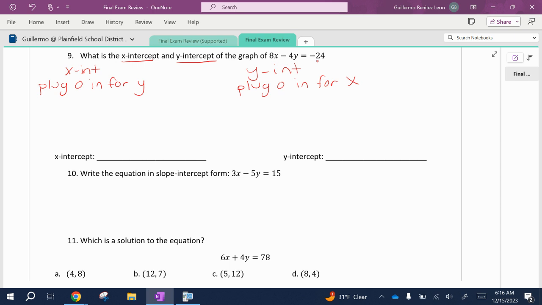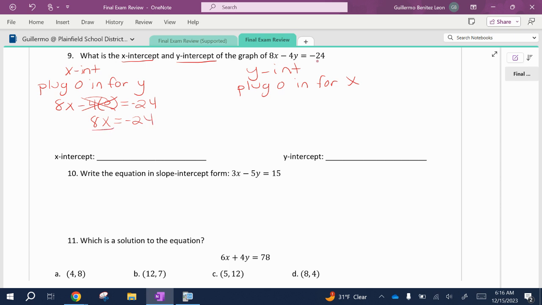So if I do the x-intercept, I'm writing the equation 8x minus 4, y goes away, 0 goes in. Now I can solve this. Negative 4 times 0, 0, gone, canceled. What's left? 8x equals negative 24.